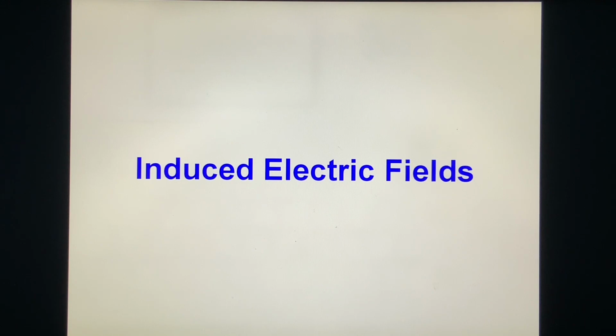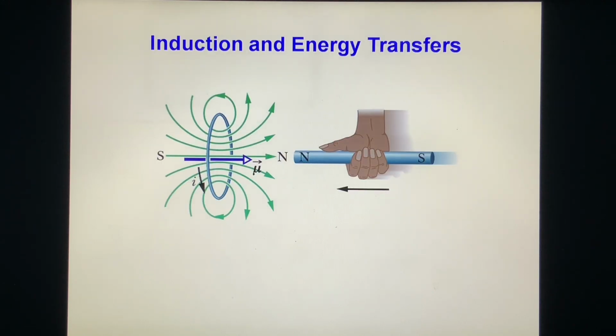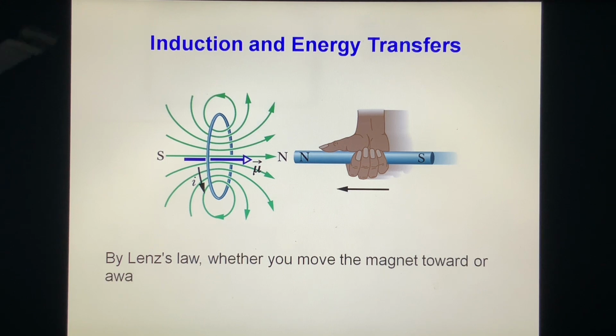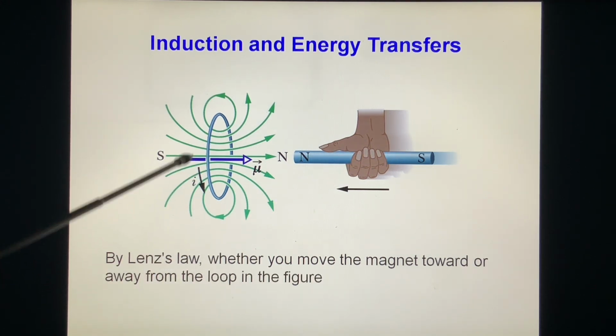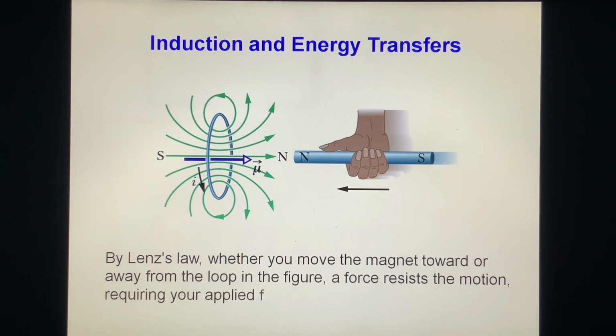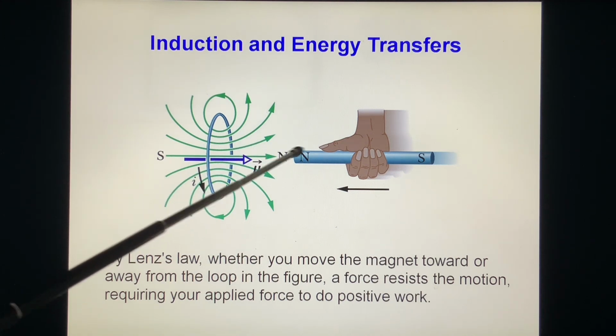Induced electric fields. Induced and energy transfers. We have learned about the induced electric field, magnetic field, and current. By Lenz's law, whether you move the magnetic field towards or away from the loop in the figure, a force resists the motion, requiring you to apply force to do positive work. This source, you have to push it in, you have to do work.